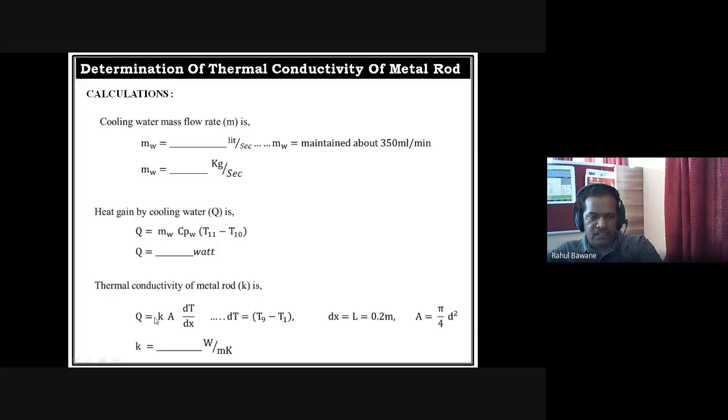But as we don't consider a minus sign here, dT must be T1 minus T9, because T1 is nearer to the heater and T9 is nearer to the cooling. So in Fourier's equation we take dT as T1 minus T9. Q, A, dT and dx are known, so we can directly find the value of K.